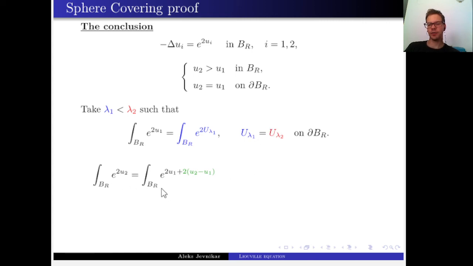The idea is as follows. You start with the exponential of u2 and you just rewrite it in this form: the smaller solution plus the difference of the two.